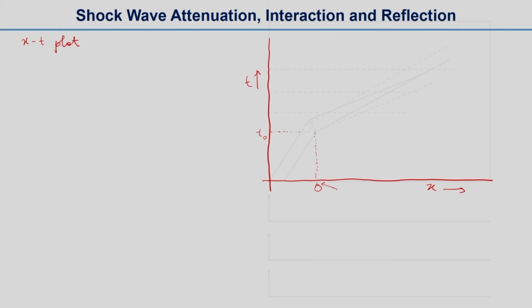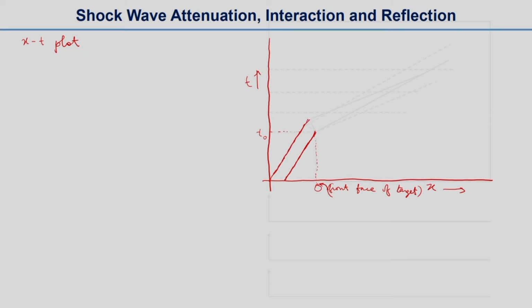So, this point is the front face of the target. Now, what will happen is, if we plot the front face and the back face of the projectile, with time it will travel towards the front face of the target.